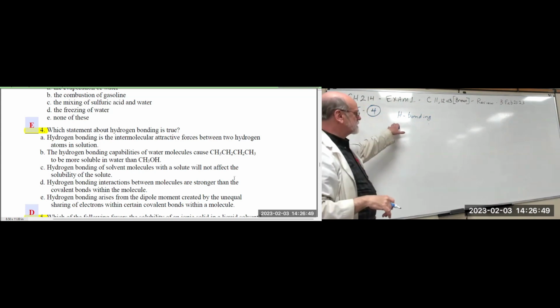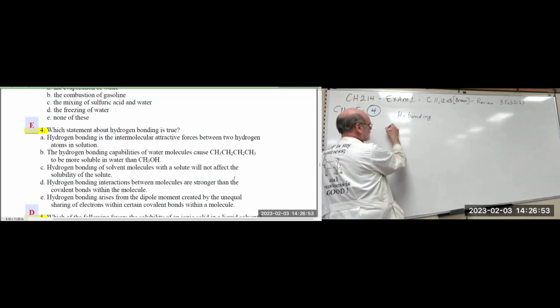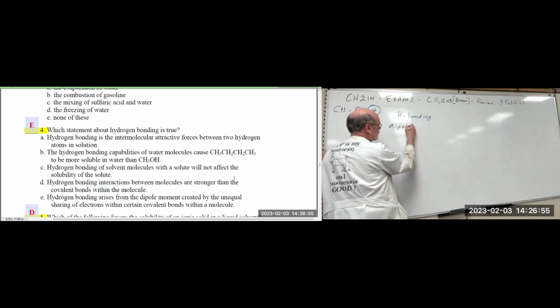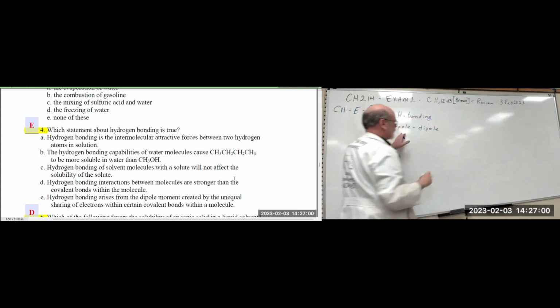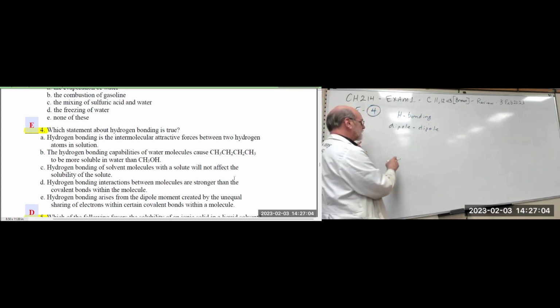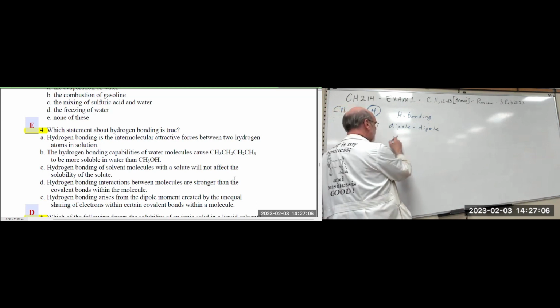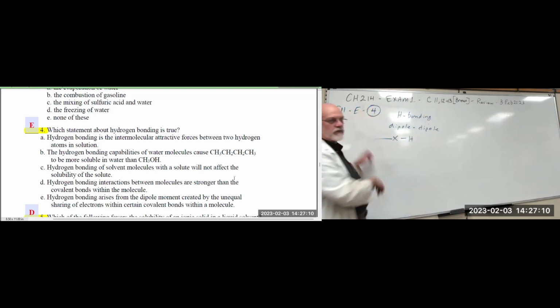Hydrogen bonding is effective as a dipole interaction, first and foremost. But it's a special type. You need an electronegative atom X bonded to hydrogen, and then it can be anything else over here.